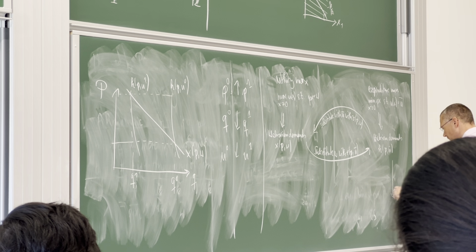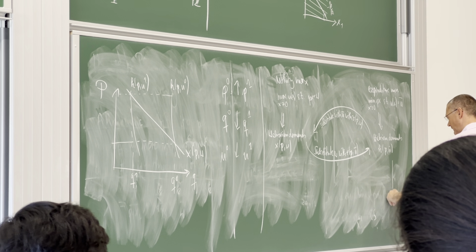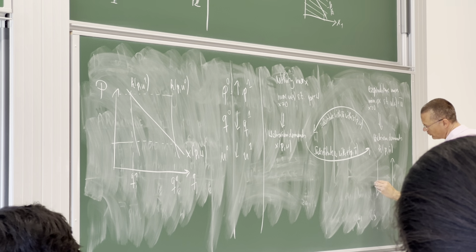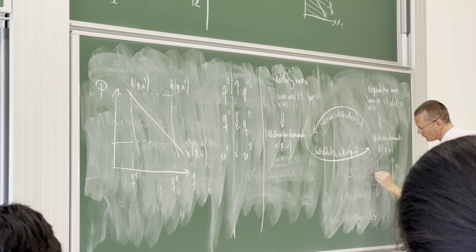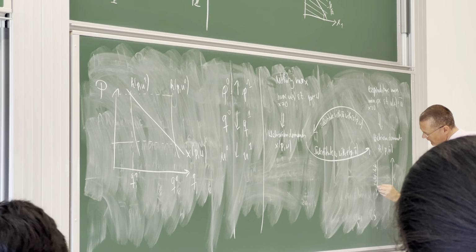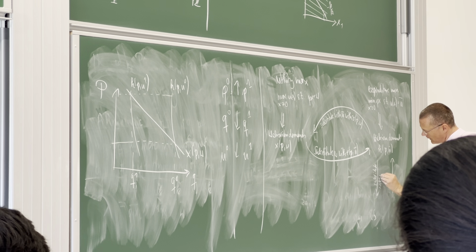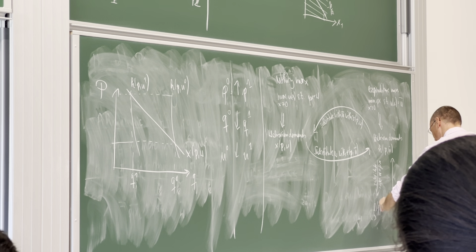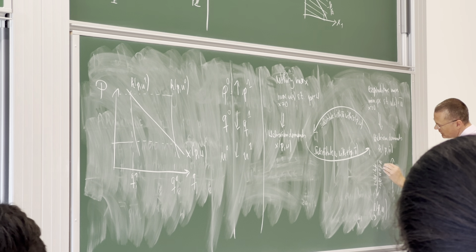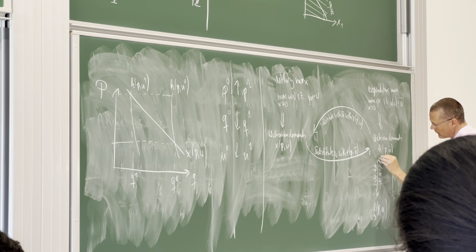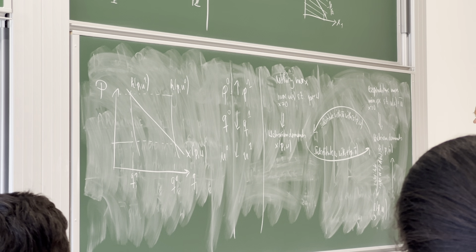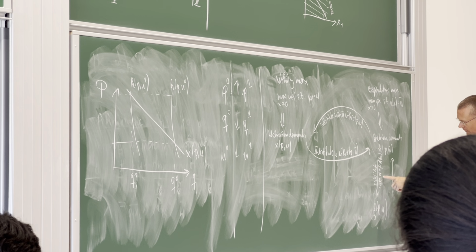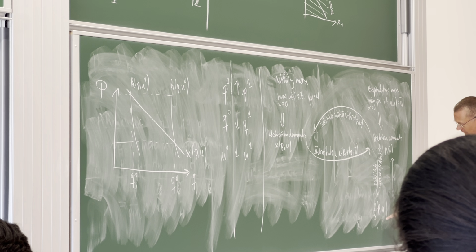Substitute into W equals Px. You substitute it in here, and what you get is the expenditure function. That is very simple. Substitute the H into the budget constraint, and you get the expenditure function.